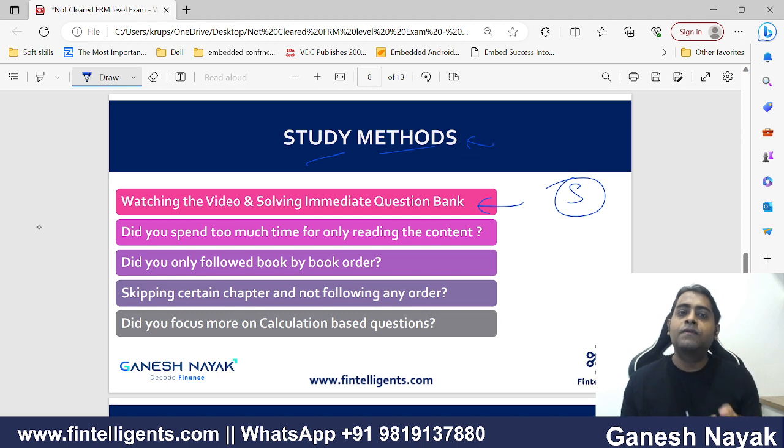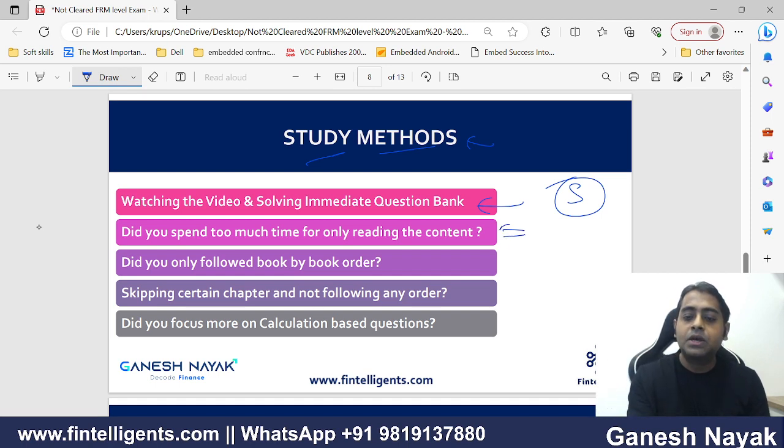If you're watching the video of a particular chapter, watch it, take some gap, and then solve the questions, then revise and solve again. Because if you solve right after watching the video, it is very likely you will be able to solve the questions since it is fresh in your mind. Then you're not testing your ability to remember the content on your own, independently, just by reading the book.